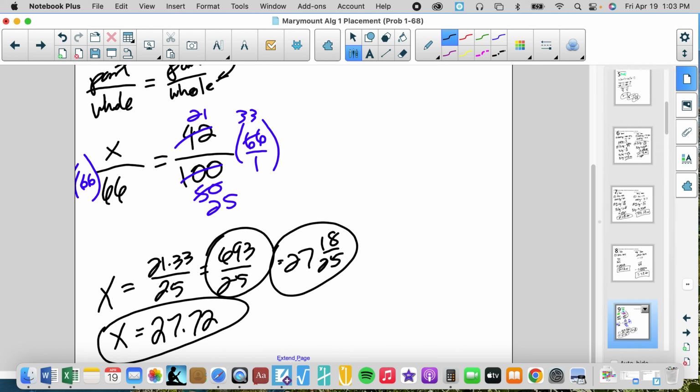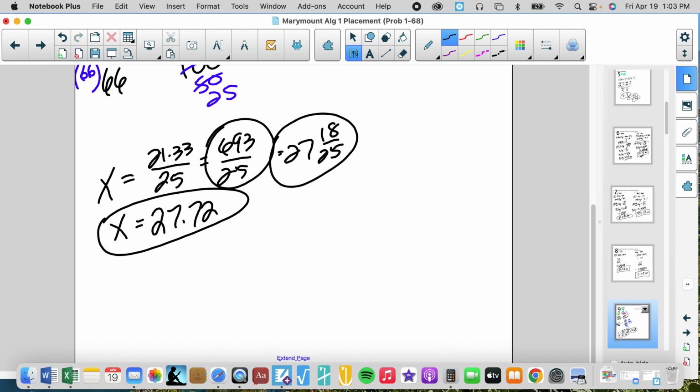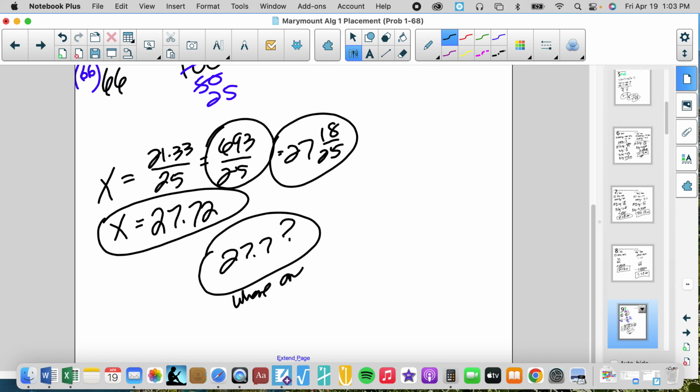It is 27. Whoa, they rounded that? All right, I don't agree with that. On the answer key, it says 27.7. Where are the directions to round to the tenth?